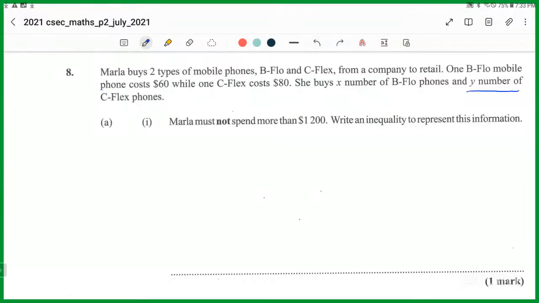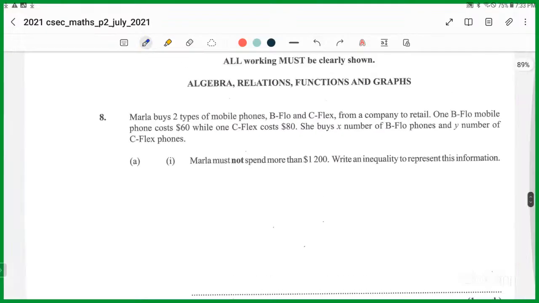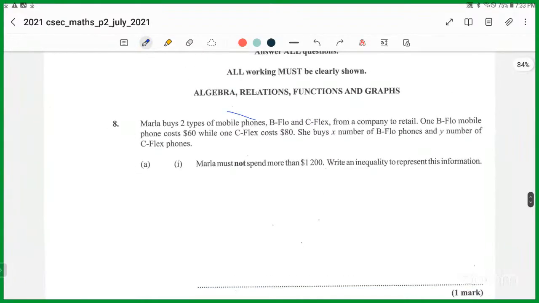Let's make a note of it now. So we have information in front of us, right? I don't want to be seeing all these words when I'm ready to work. So I'm gonna put some information here. So she bought X B phones, and she bought Y C phones. Just using B and C. The flex and the flow can stay.